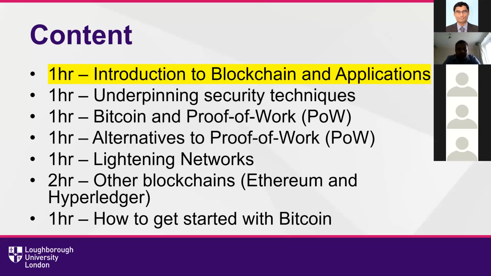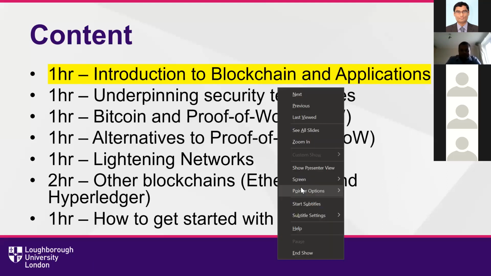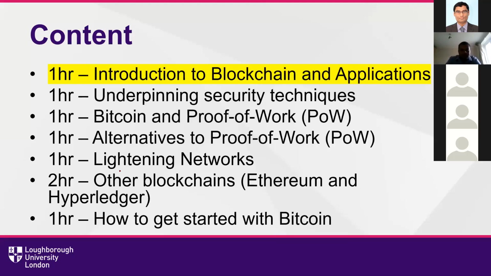So people have developed a new technology now to make Bitcoin faster. That is called the Lightning Network. So we will quickly go through the fundamentals and what the radical changes in Bitcoin are.